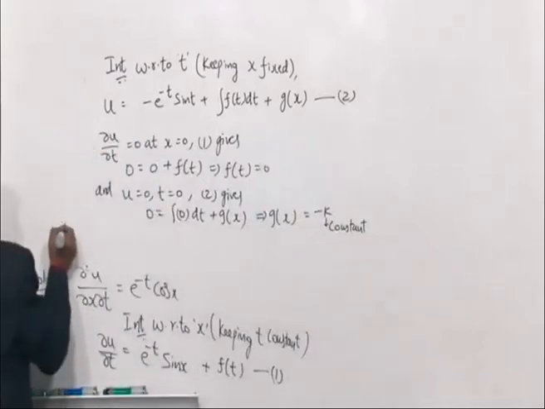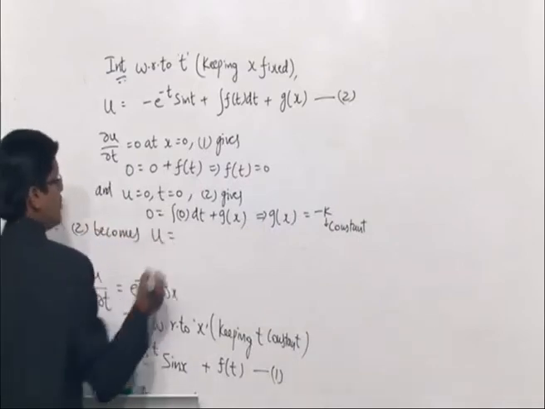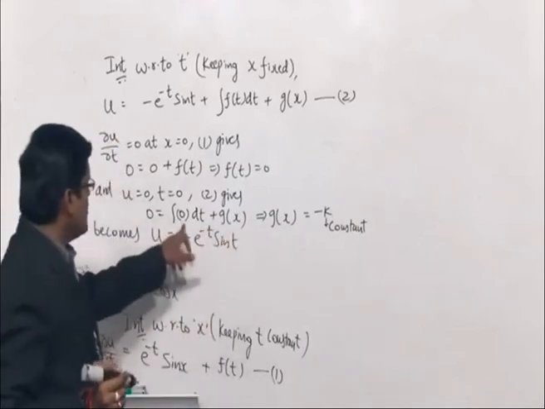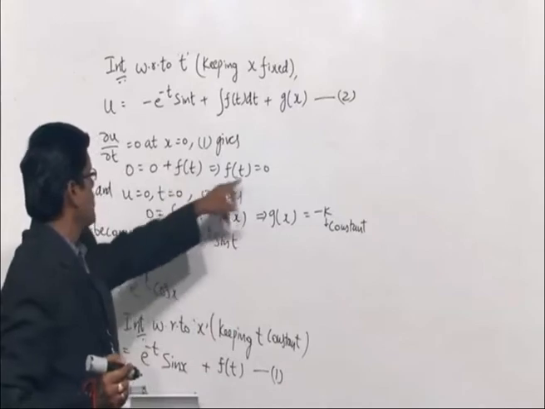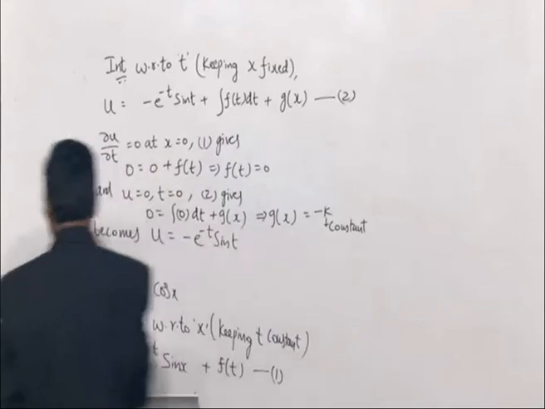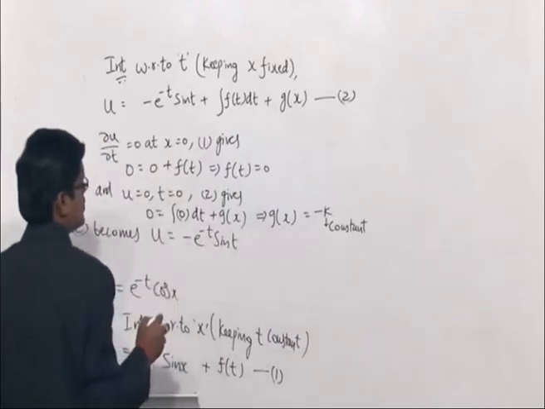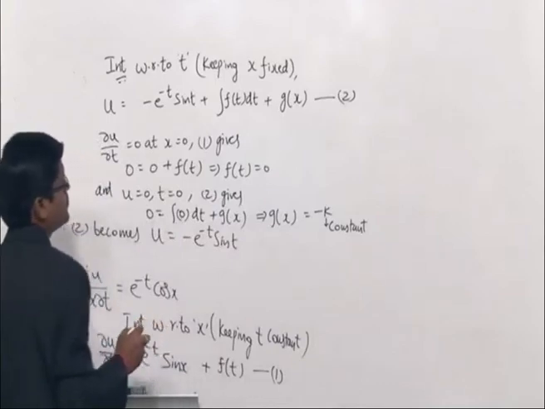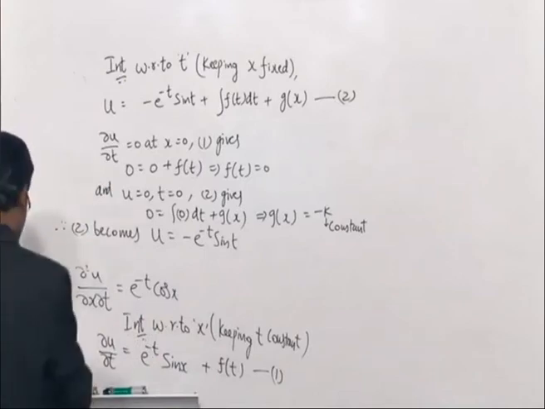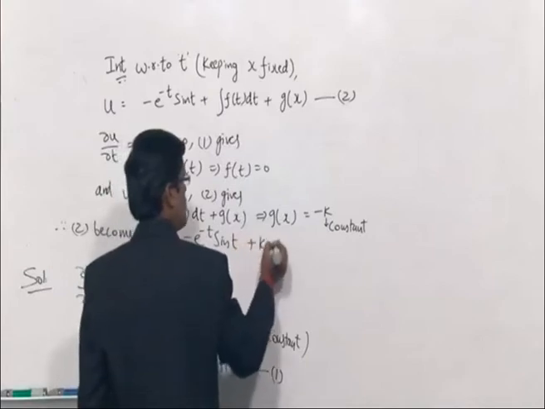So therefore equation 2 becomes u equal to -e^(-t) sin x, plus the integral of f of t dt, which is k, plus g of x which is minus k.